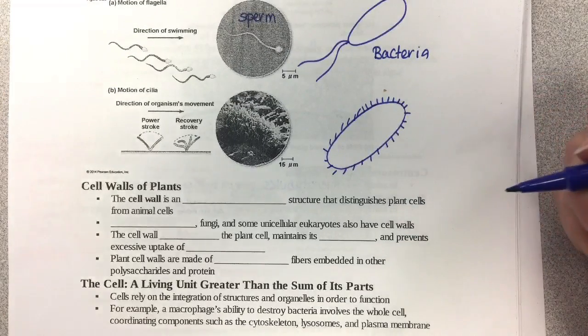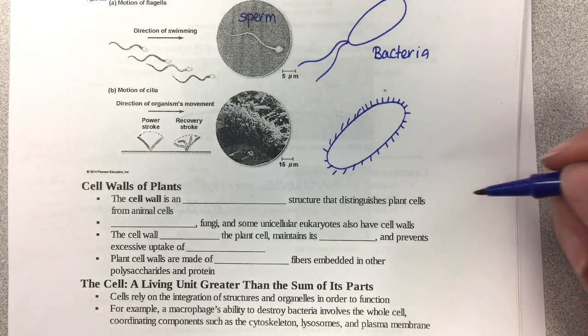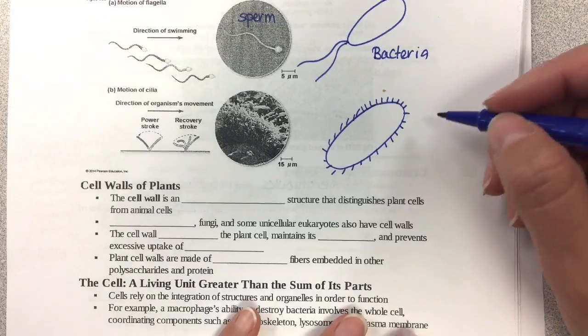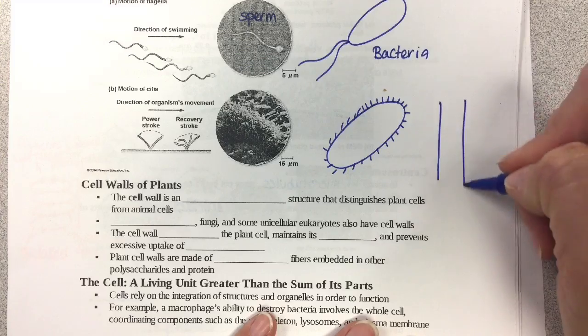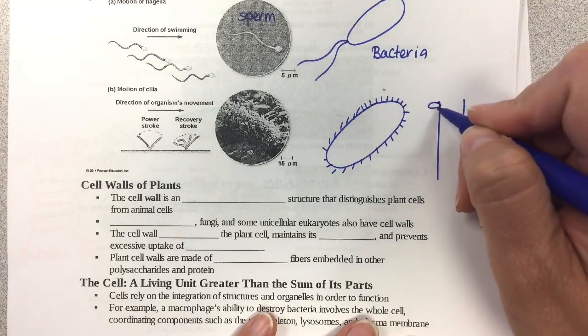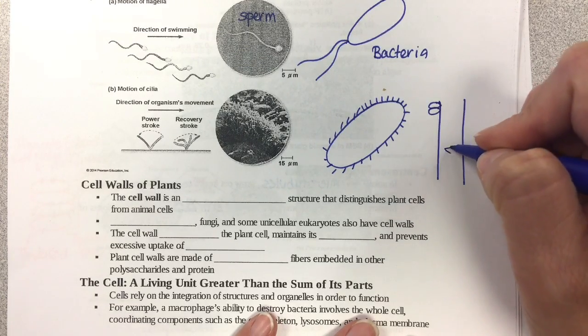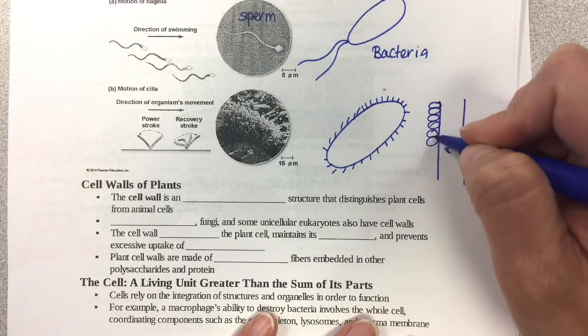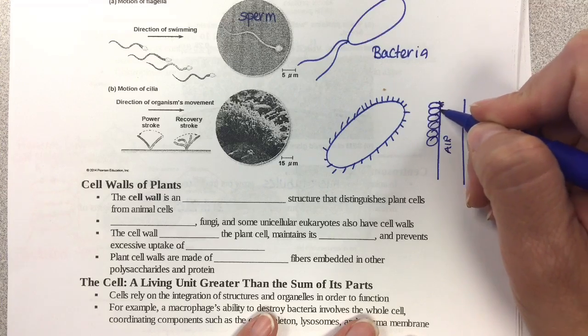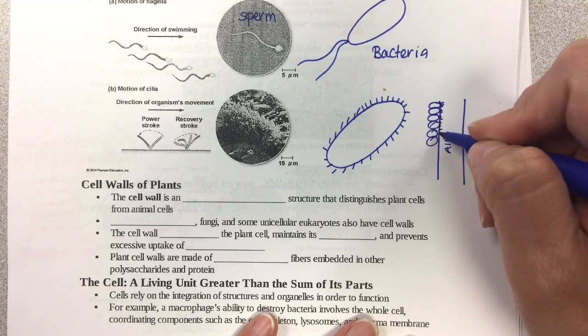We also have cilia in certain cells of our body, not for movement of the cell itself, but like lining our windpipe, we have cells. This is where your air is when you breathe. This is your cells lining it. So the cells actually have little cilia only on this side.